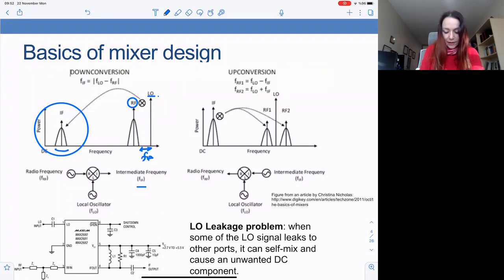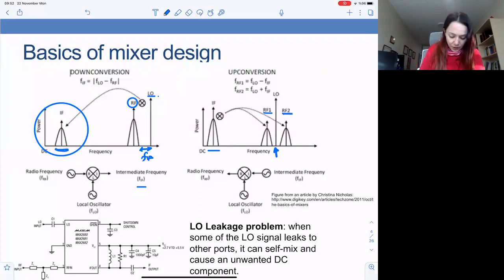So basically, when receiving the RF, you down convert to F_IF, and then when you are transmitting, you use the local oscillator to take the signal at IF and up convert to the desired RF frequency.